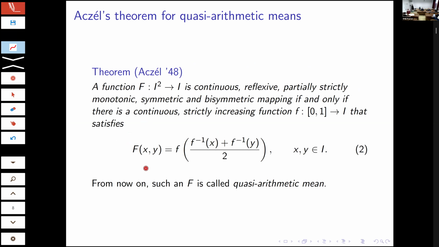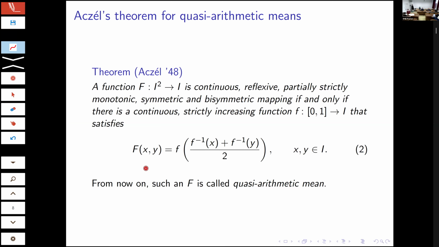But basically, bisymmetry is the only one which is not usual. So he said that we take a two-variable function from I squared to I, which is continuous, reflexive, partially strictly monotone, symmetric, and bisymmetric. It has these properties if and only if there is a continuous strictly increasing function from 0, 1 to I, so that f(x,y) is the conjugate of the arithmetic mean.